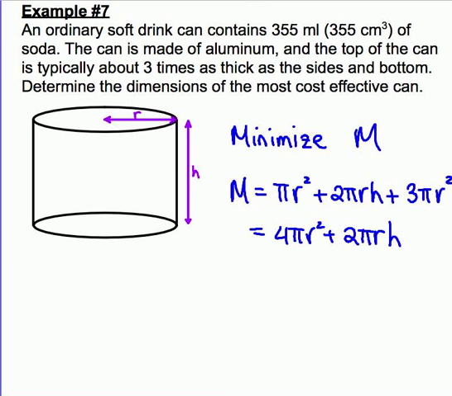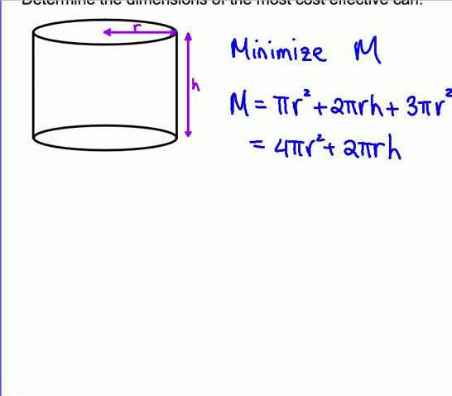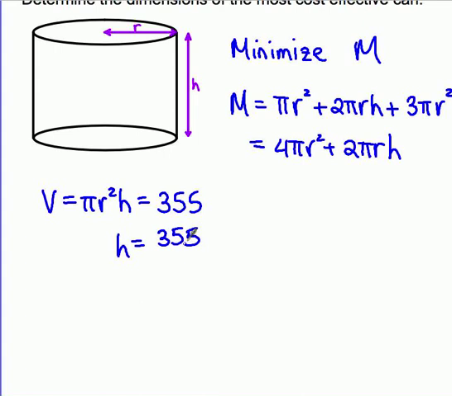And so my equation becomes M equals 4 pi r squared plus 2 pi r h. Now, just as we did before, we recognize here that I have a formula in terms of 2 unknowns. The radius and the height are both variables. And we need to come up with a way of connecting those. And we know that the volume of this can, which is pi r squared h, has to equal 355 cubic centimeters. I can solve this for h, and I get h is 355 divided by pi r squared.